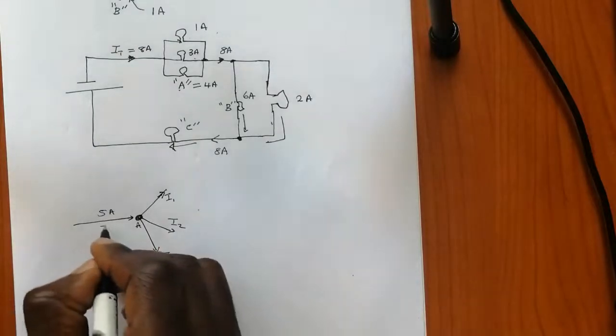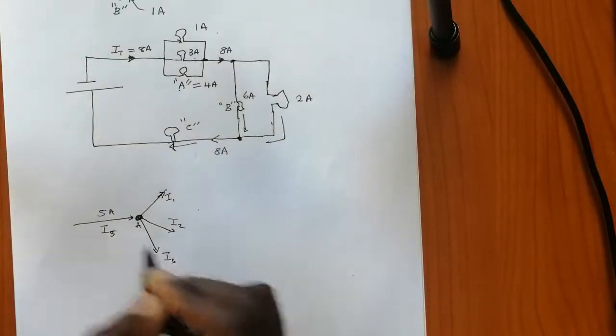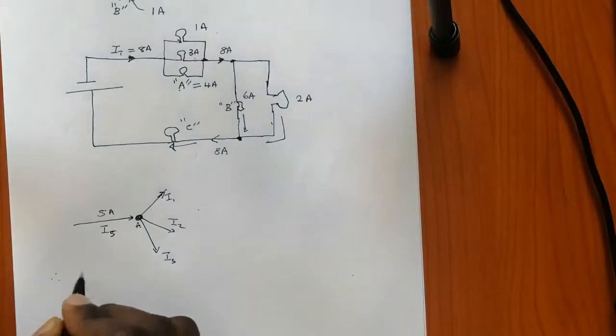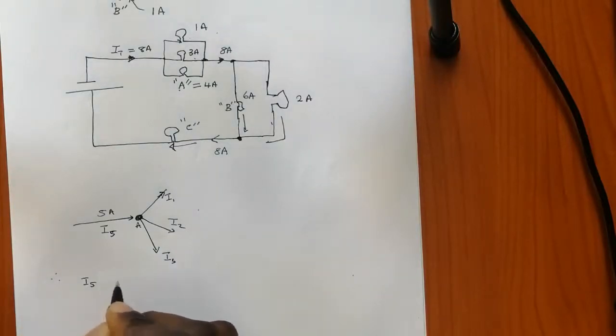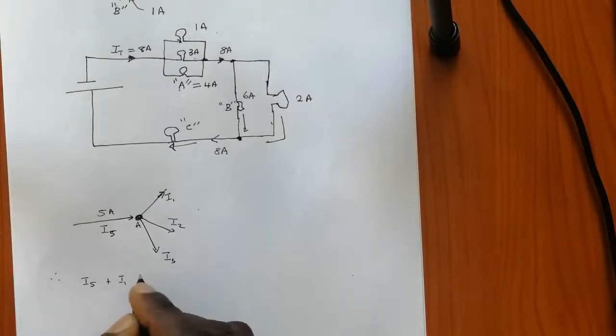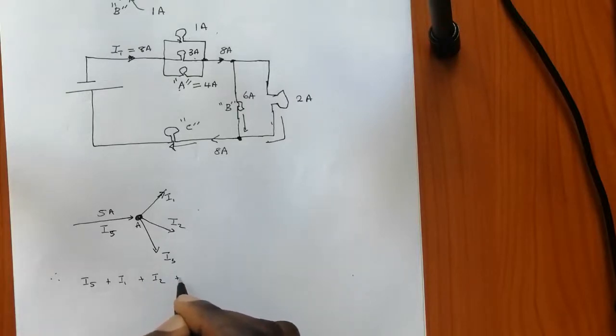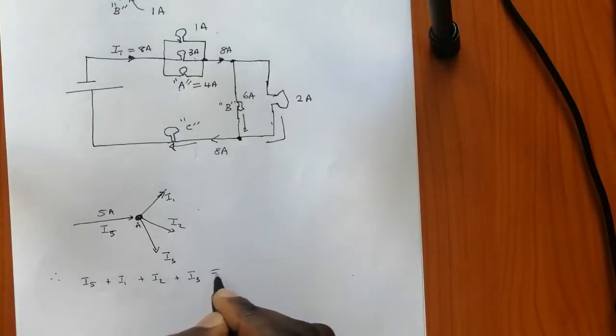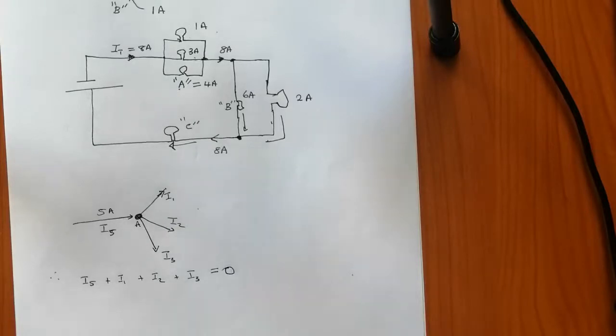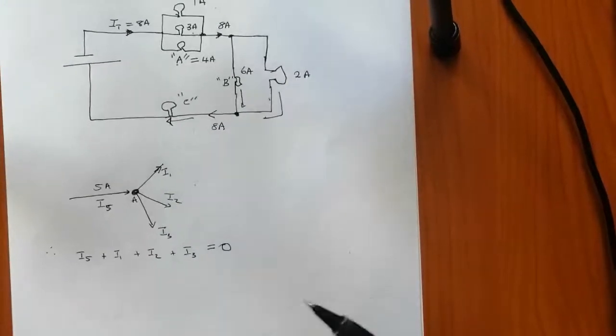So let's say this one is I5. Therefore, I5 plus I1 plus I2 plus I3 must be equal to 0, because the sum of all the currents in the junction must be equal to 0.